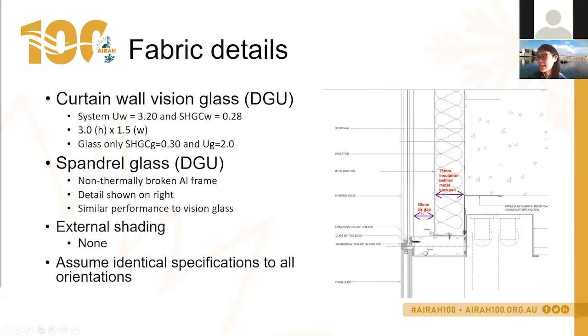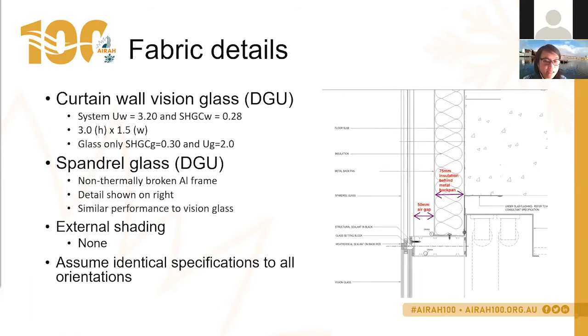So we've got an air gap, we've got this spandrel glass, which is double glazed. So it's about 12 mil, 24 mil total, 6, 12, 6. And then we have insulation that sits behind a metal backpan, okay? And then what you can see on the right there is the slab.